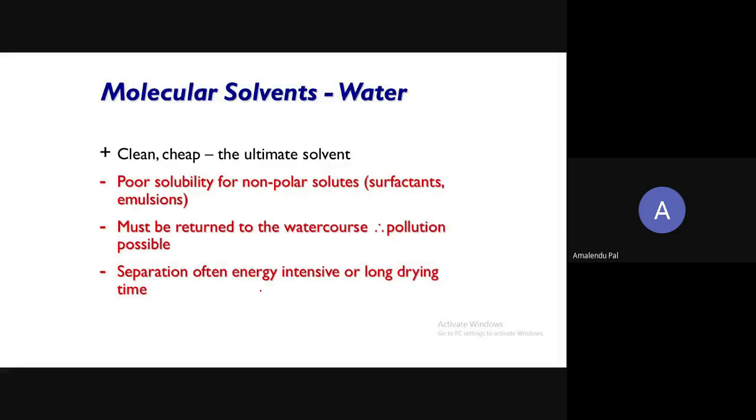So this is time consuming first of all. Secondly, cost wise, the energy consumption is very high. So it's not so easy to use water as a solvent, because for separation from water you have to give more energy for evaporation.